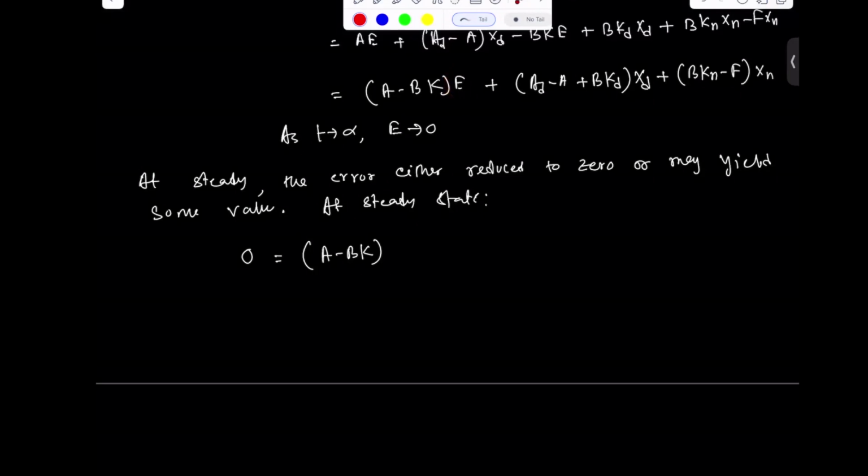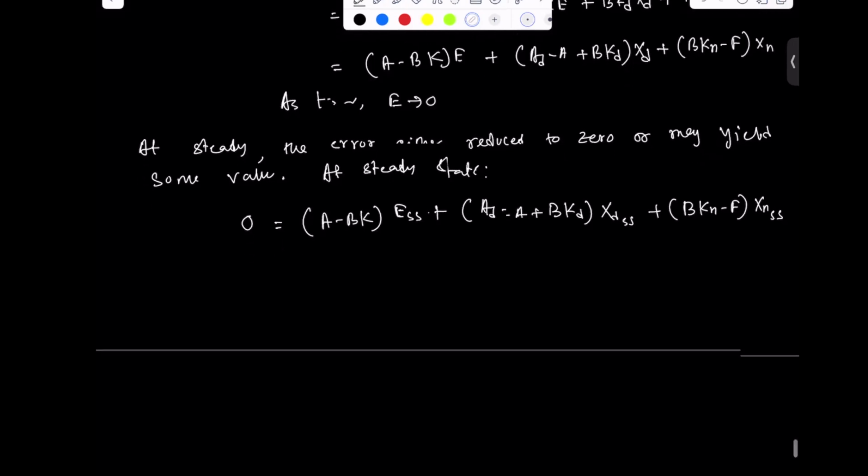So in that case, if you consider a small value, we can write e_ss, some small value, plus (A_d minus A plus B K_d) x_d,ss, the desired dynamics also going to some steady state value, plus (B K_n minus A) x_n also going to some steady state value.